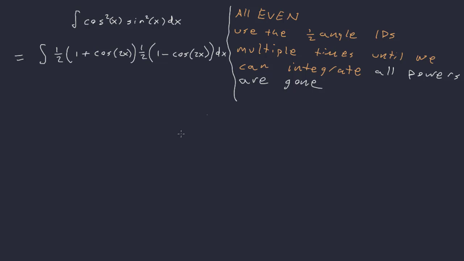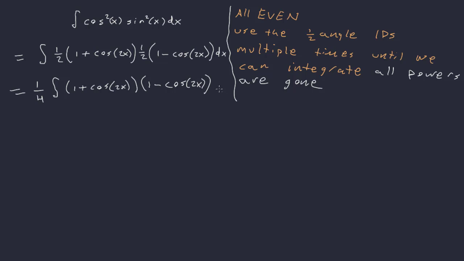Okay. And the reason I like it factored out already is it just saves me a step. I don't have to factor or anything. So I can move the constant all the way out. 1/2 times 1/2 is 1/4. So I'll have 1/4 times the integral of this 1 plus a cosine of 2x and a 1 minus a cosine of 2x.